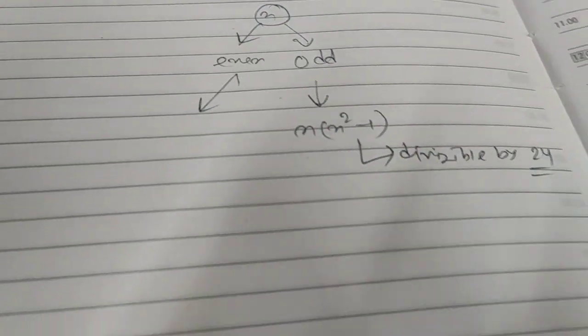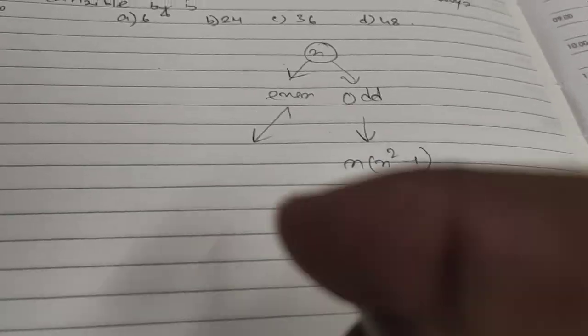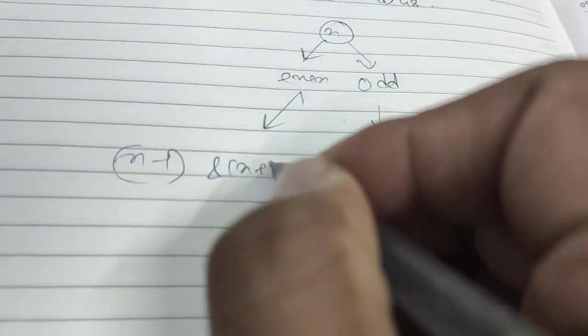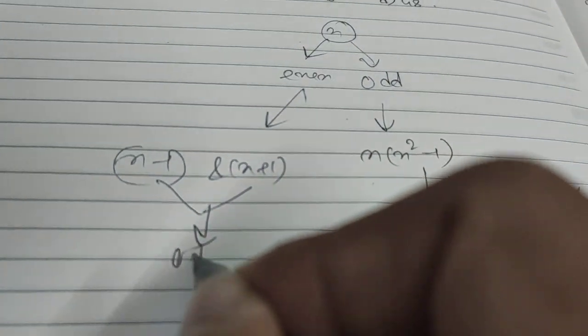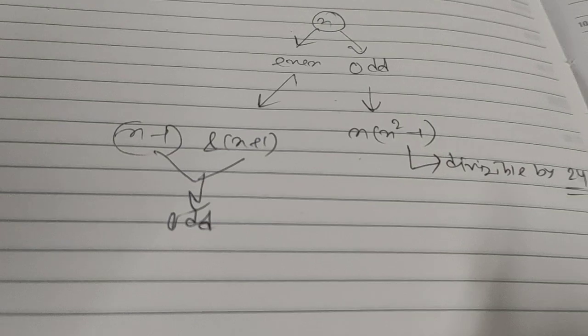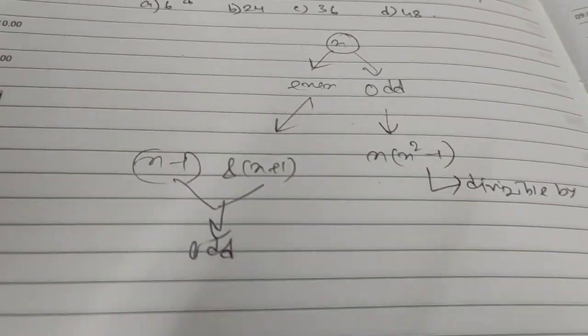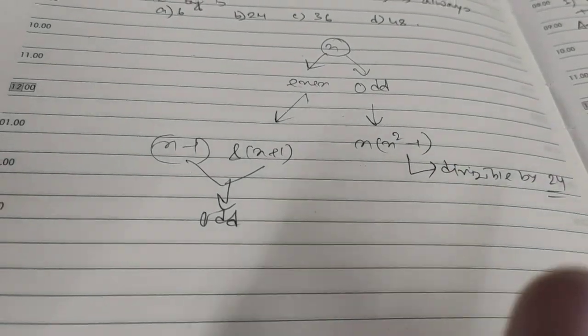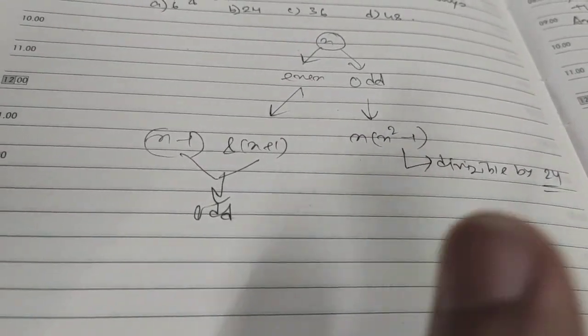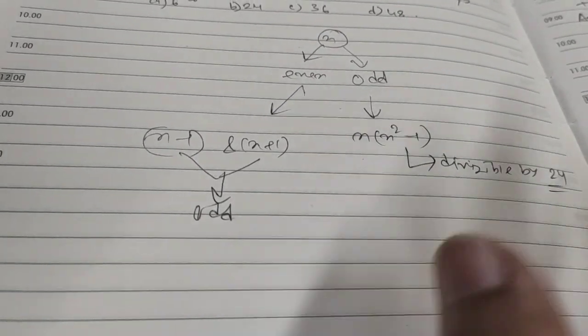Now the second possibility is if n is even. Then n − 1 and n + 1 are both odd. We also know that the product of three consecutive positive integers is always a multiple of 3.